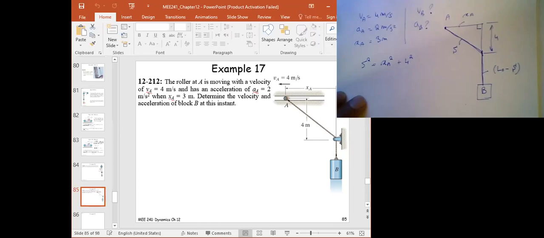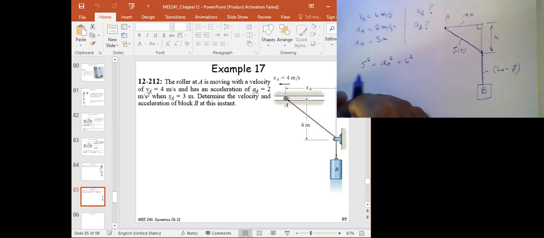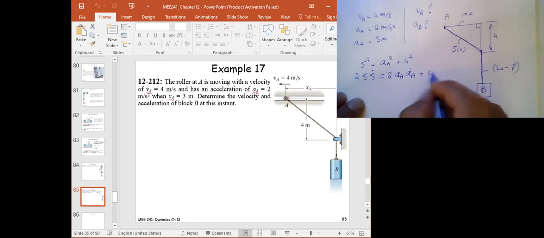I know S varies, S is a function of time, so 2S S prime equals 2XA XA prime, plus what? Zero, because 4 doesn't change.